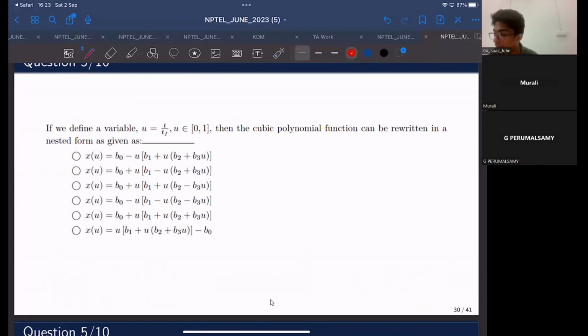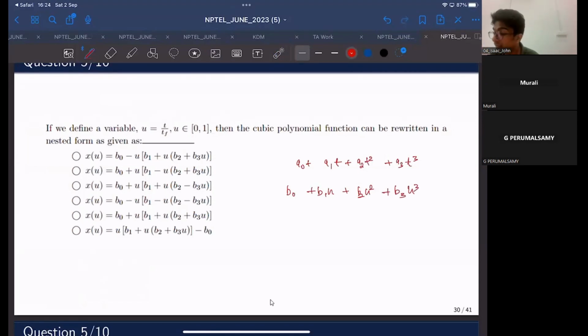So we know the cubic polynomial to be a0 plus a1t plus a2t square plus a3t cube, right? And we have also been asked to replace this by a variable t by tf. So it will be something like b0 plus b1u plus b2u square plus b3u cube.